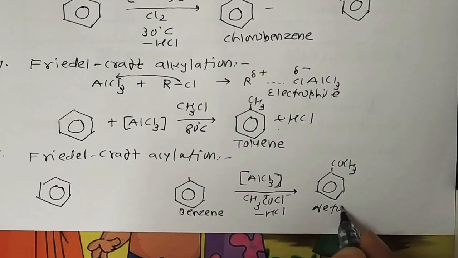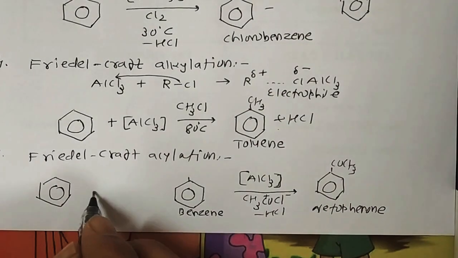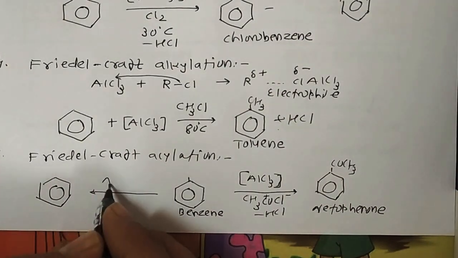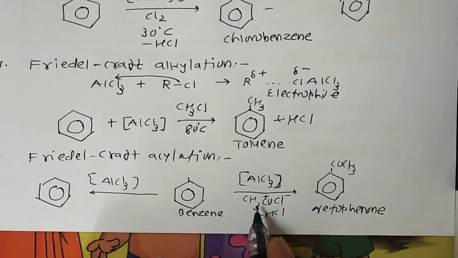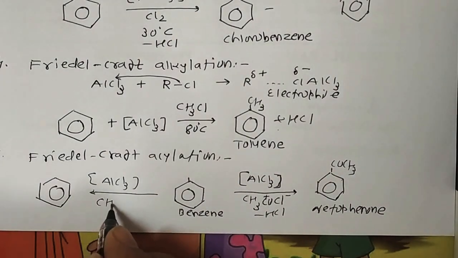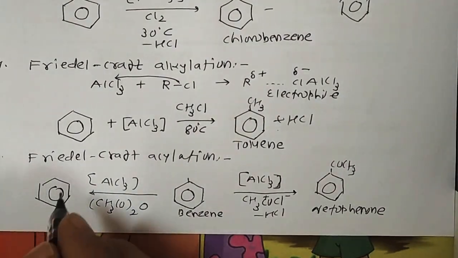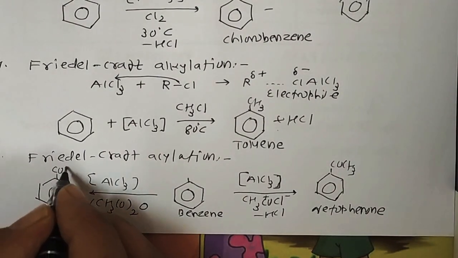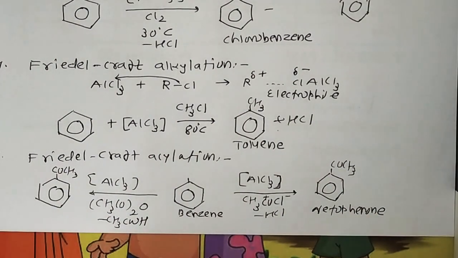The product is acetophenone. In the same way, if in place of CH3COCl we take acetic anhydride, (CH3CO)2O, we form the same product acetophenone, but the byproduct is acetic acid. So this is about the Friedel-Crafts acylation.